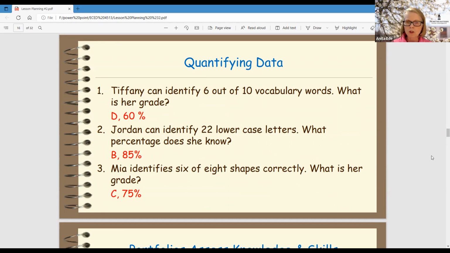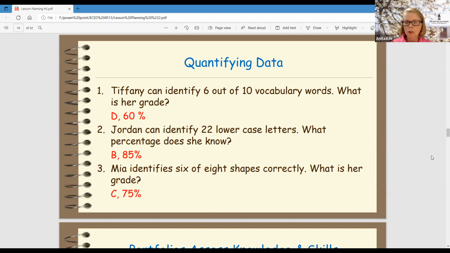For instance, the first one, Tiffany can identify 6 out of 10 vocab words. What is her grade? Well, it's a 60. So just know 80% and above is considered mastery. So make sure that you have your grade book out and you're recording this information.